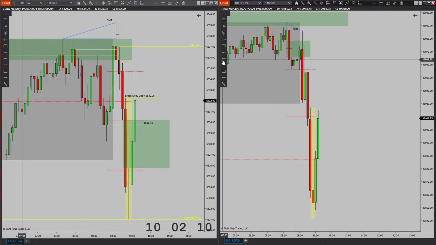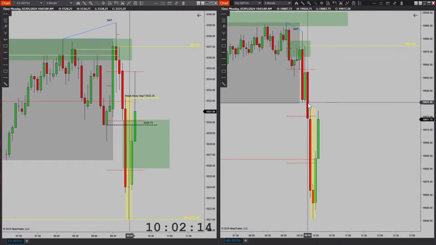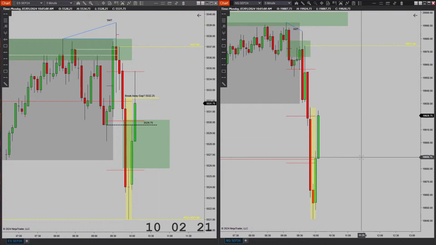Same with this one, the stop would be here. Okay, so if this gap is to hold and this gap is to hold, then this high should not be taken. If it gets taken, then price will most likely draw higher. So let's keep watching here.